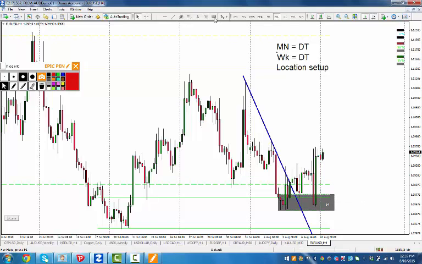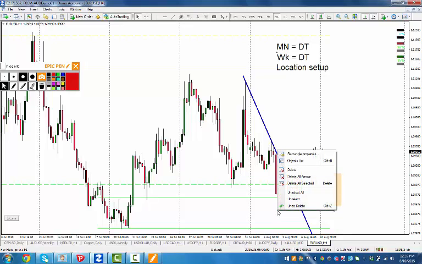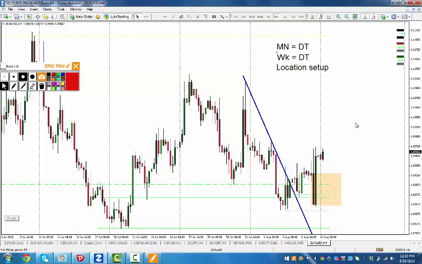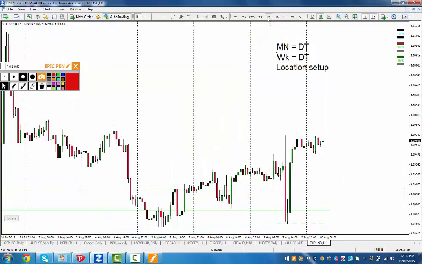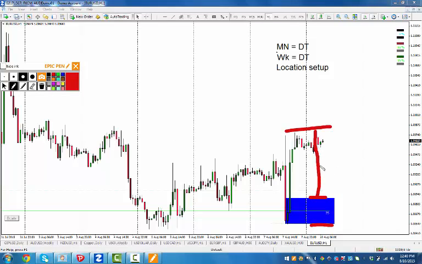Now we have another demand here, but this demand doesn't have 1:2, right? So what can we do? We can go down to a lower time frame. Now we are in H4, now we go to H1. So in H1 we can see that we have another demand here, which is 35 pips. So now we have from here to here, and from here all the way to here. Now we have more than 1:2, right?